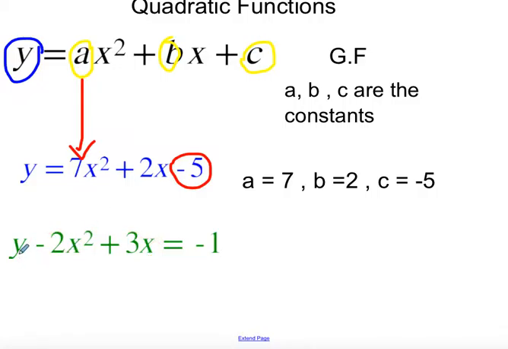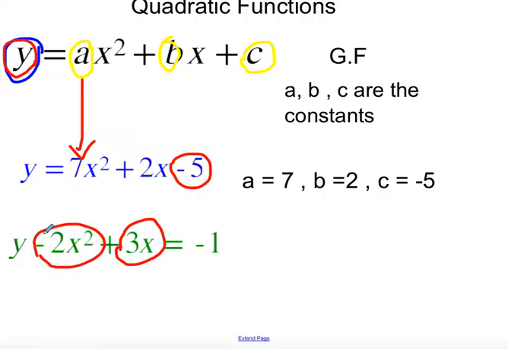So we need y by itself on one side of the equation, according to the general formula. See, y is completely on its own here, right before the equal sign. So we have to do the same thing here. In order to do this, we're going to subtract. We have 2x squared bothering us here, and 3x is bothering us too.